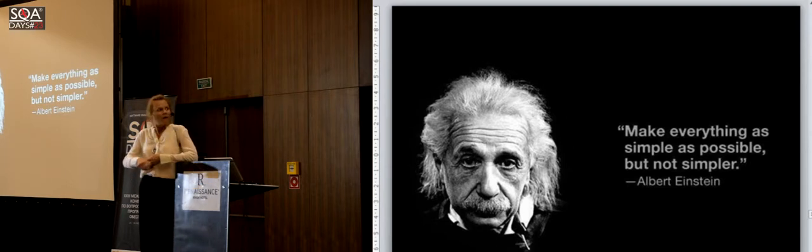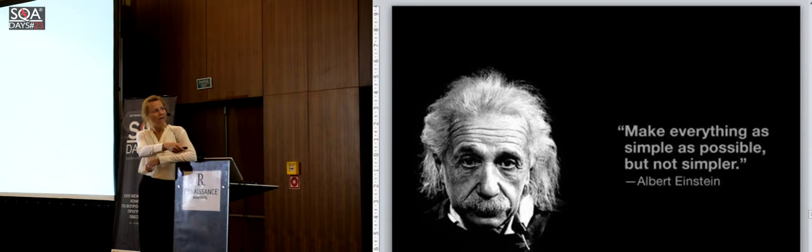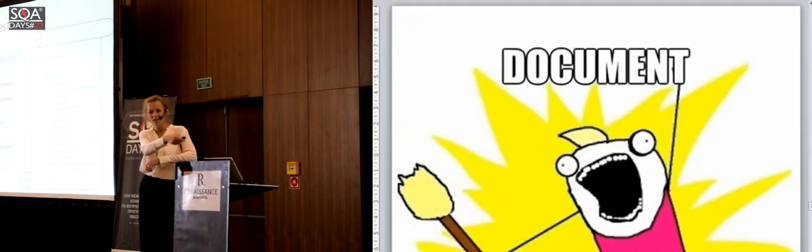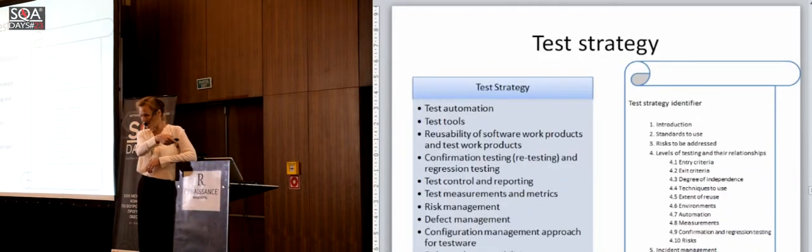So, Albert Einstein already said it, Agile is saying a similar thing, keep it simple. Here, you have a guideline. This is what you can have. And from this, select what you need, and implement in the best possible way on your project.